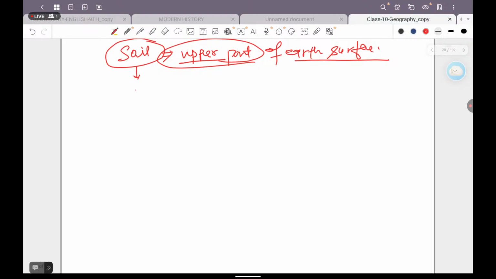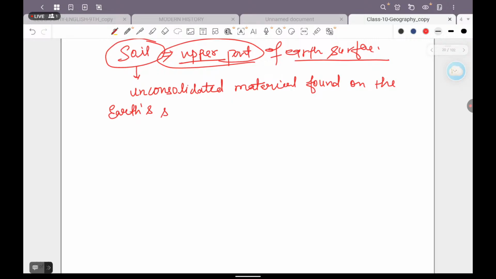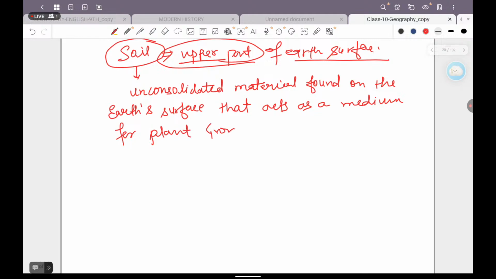It is the unconsolidated material found on the earth's surface that acts as a medium for plant growth. So soil is an unconsolidated material.